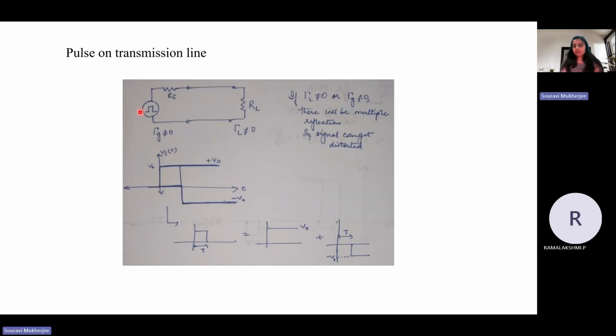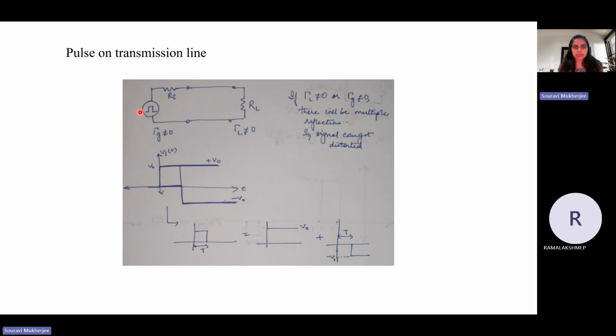Okay. So now we'll slightly change gear and we'll talk about pulse on a transmission line. So initially, when we had discussed transmission line, we had discussed all these situations, right? We had a generator end, then we had a load side, and then we knew that in order to have proper transmission, we have to do a matching at the load end and at the generator end.